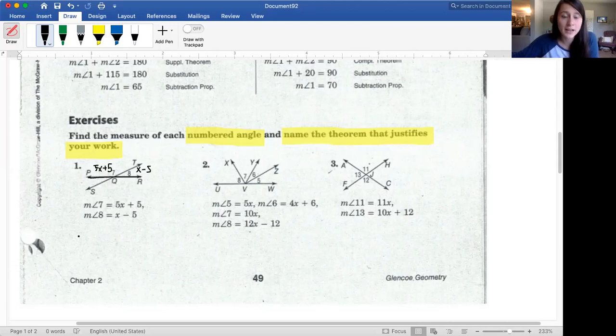They would be supplementary angles, right? So these two angles add up to be 180 degrees. So what I see here is that angle 7 plus angle 8 should equal 180 degrees. And the reason I know this is because of the supplement theorem. So I'm going to write them justifying my reason, supplement theorem.